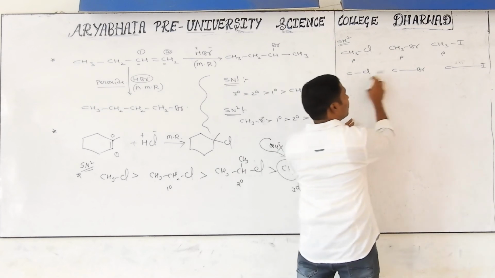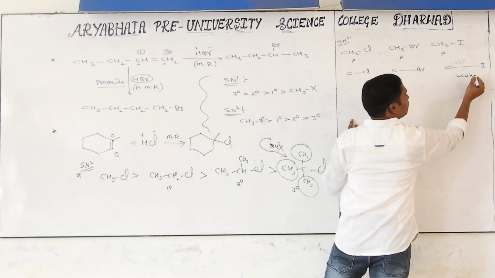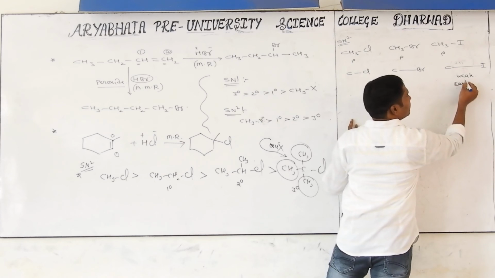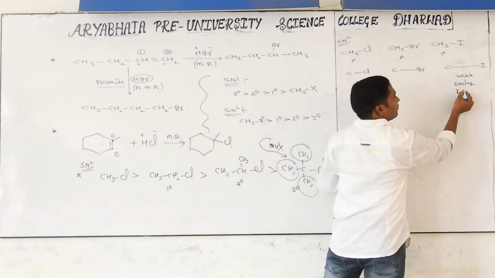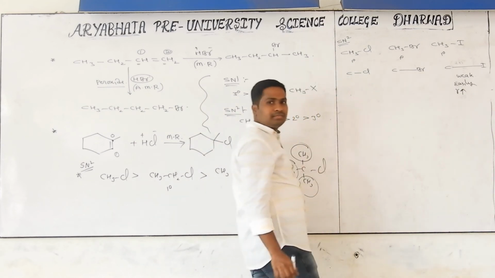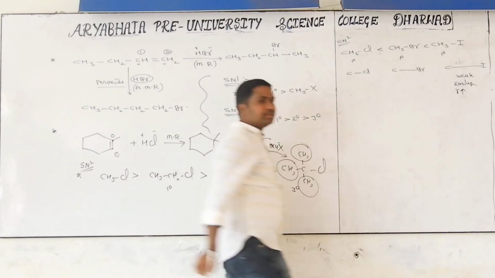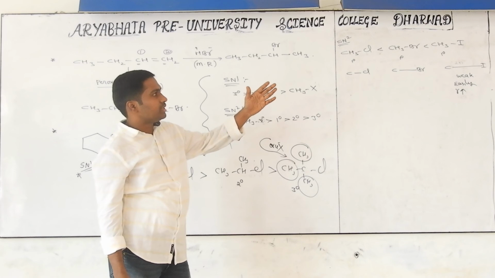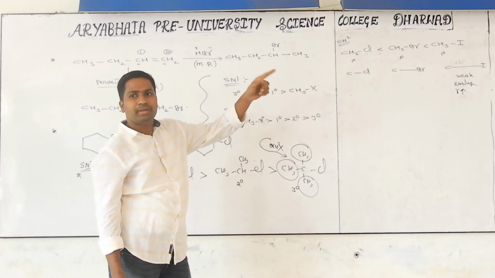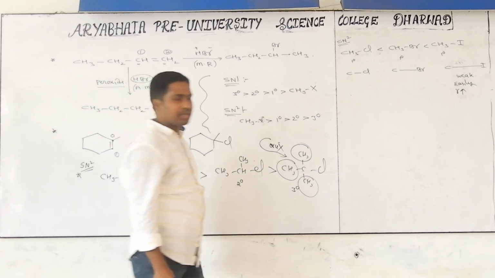As the bond length increases, the bonds are becoming weak and easily participate in the chemical reaction, then the rate of reaction will be high. So this is less than this and than this. Even though all have the same nature, the C-I bond is a very weak bond because of its much longer bond length, that's why it easily participates in the chemical reaction.